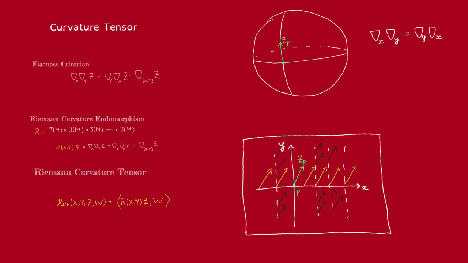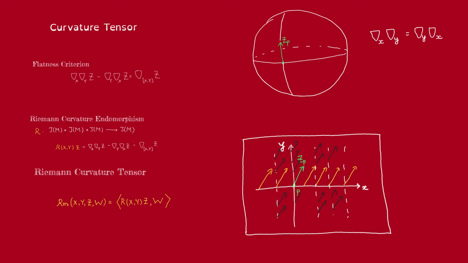Now the question is, could we have switched the order? Could we have first parallel transported this z along the vertical line, and then parallel transported it along the horizontal line? Or putting it in a different way, let's say we stick with the first scenario. First, we parallel transport along the horizontal line, and then we parallel transport along each vertical line.